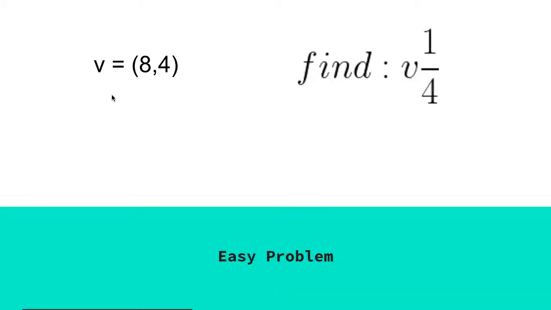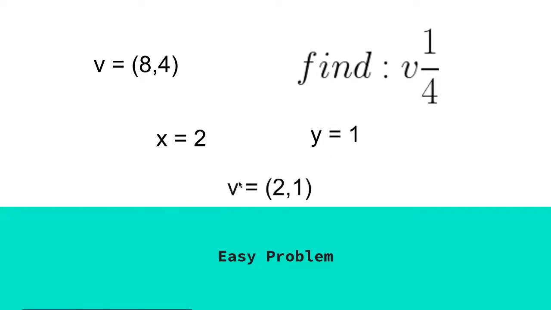With scalar multiplication, here's our easy problem. We start out with v equals 8, 4, and they want us to find v multiplied by 1/4. Multiplying 1/4 times 8 equals 2. Then 4 multiplied by 1/4 equals 1.